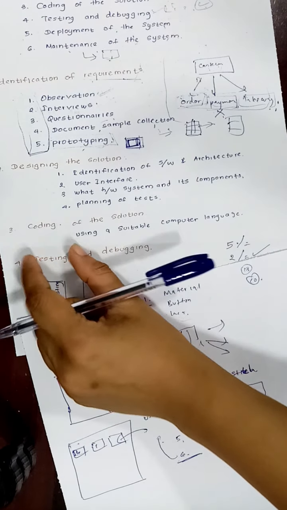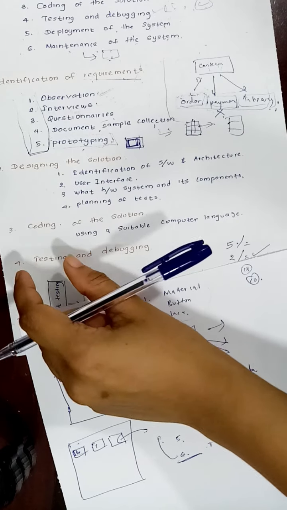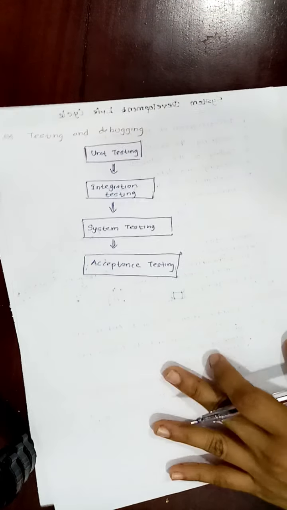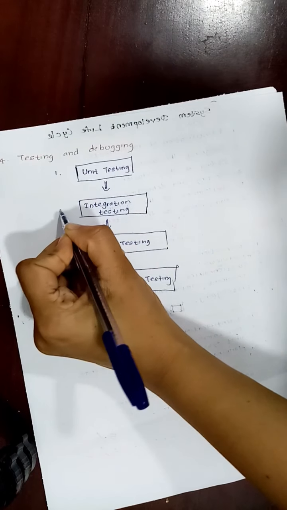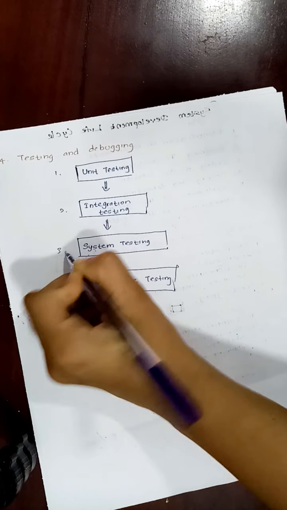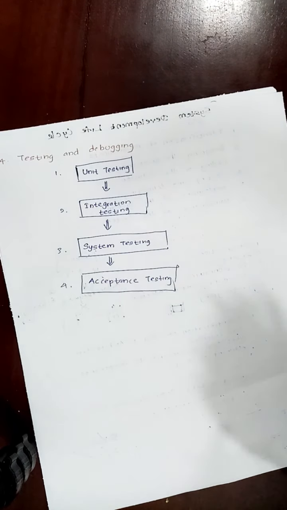In testing we have several types. We'll see what the types are. In testing there are several types: unit testing, integration testing, system testing, acceptance testing.